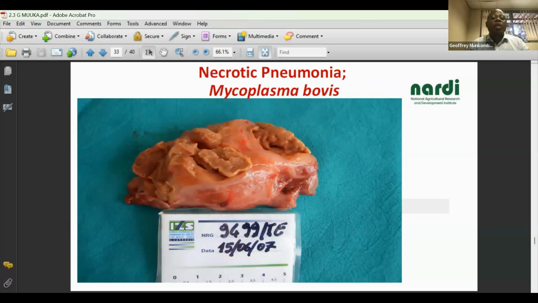Those that wanted to know how you can differentiate the micro sequestra, you might need to take note of this slide so that you can look at the typical differences between the sequestra caused by CBPP and those findings that you might find in necrotic pneumonia by Mycoplasma bovis. You need to look at the differences so that you take note. Next slide, please.